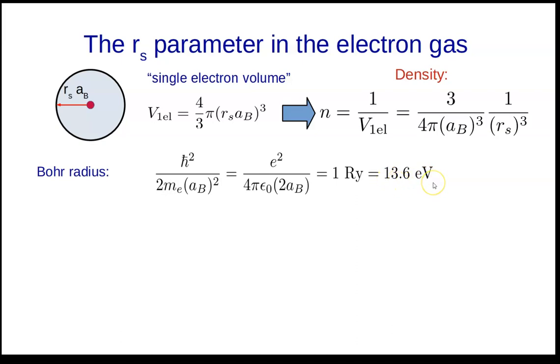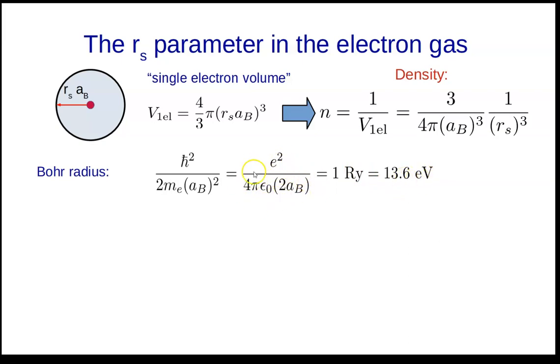Precisely the energy for the ground state of the hydrogen atom that we studied in the elementary courses in quantum mechanics. And notice, by the definition of the Bohr radius, this is equal to e squared over 4 pi epsilon times twice the Bohr radius, which is also 13.6 electron volts.